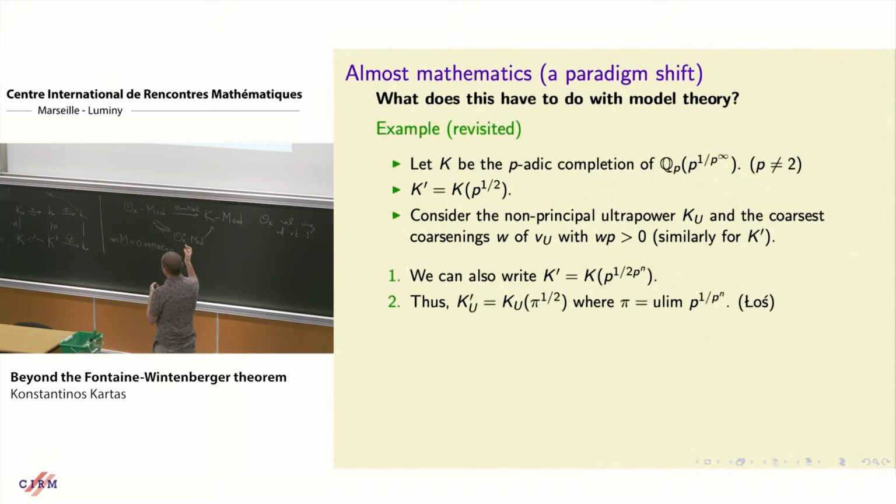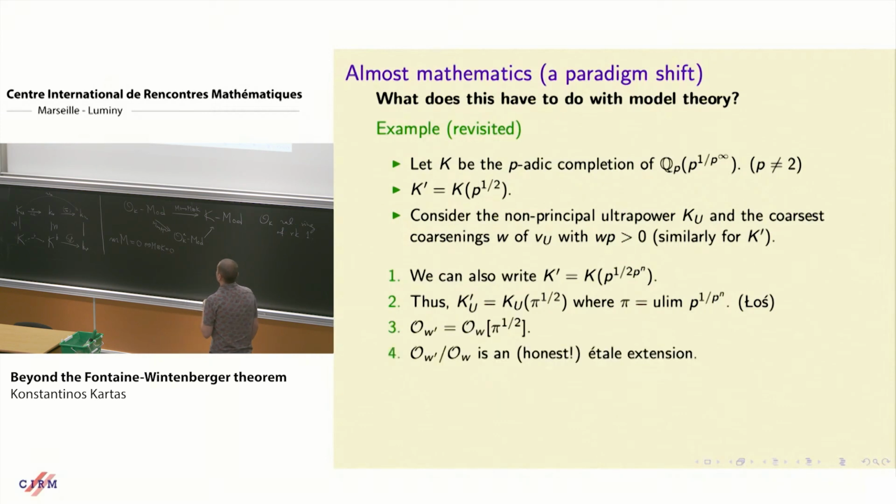If you present your extension in this form, it's very clear what happens. Now the extension of valuation rings is finite. It's not anymore almost finite or anything like this. And it's going to be an honest finite étale extension, since p is not 2.